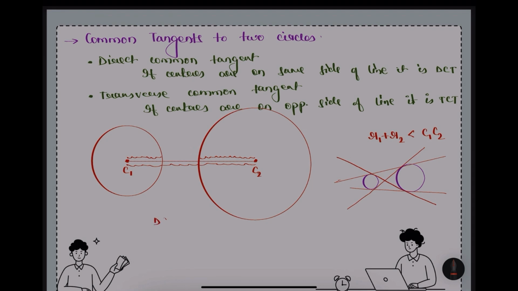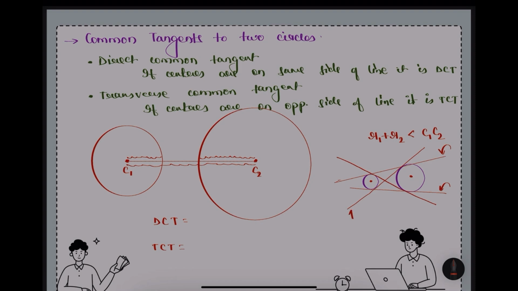Now look at this. I am interested in the count of direct common tangents and transverse common tangents. You know that for a direct common tangent the centers are on the same side. Now look at this tangent. If you observe this tangent, the centers are on the same side. Also, if you observe this line, the centers are on the same side.